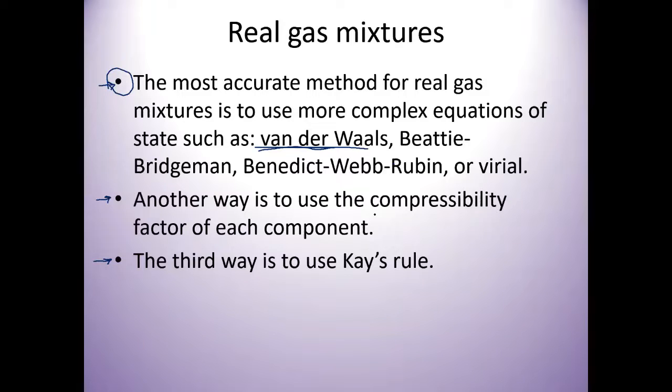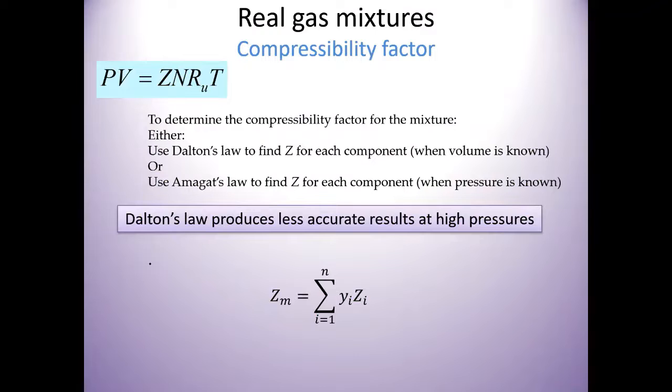I'll show you how to calculate the compressibility factor for the mixture from the compressibility factor of each one or from critical pressures and temperatures. So that's one. The last option is to use something that is called Kay's rule. I'll introduce it in a moment. So let's talk about this for now, and we do a practice problem.